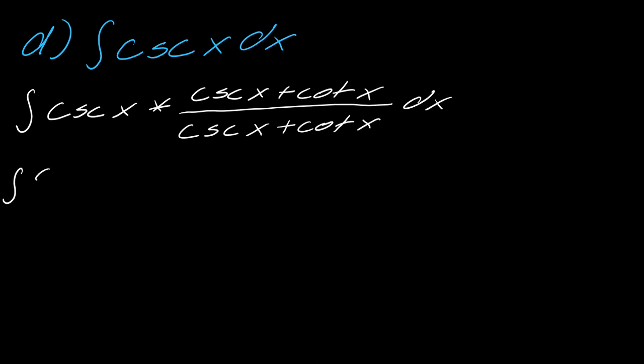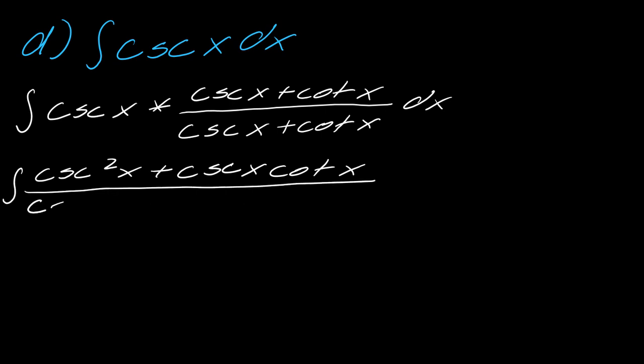So I'll multiply that all together. So I got cosecant squared x plus cosecant x cotangent x, and then all the stuff in the denominator, right?